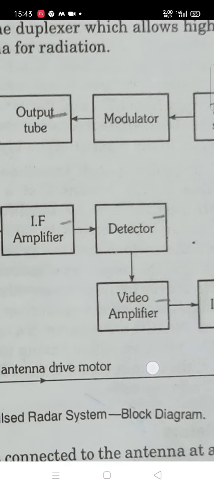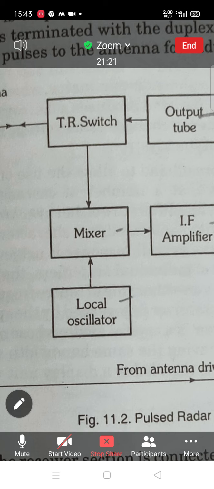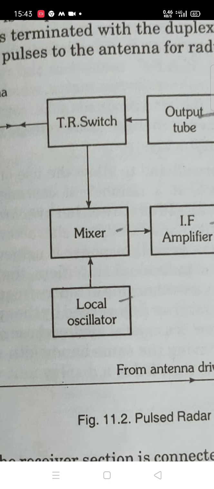First let us see the mixer. The mixer is a crystal diode having a fairly low noise figure but also a conversion loss. Then an RF amplifier can also be used, which is mostly a low noise traveling wave tube.